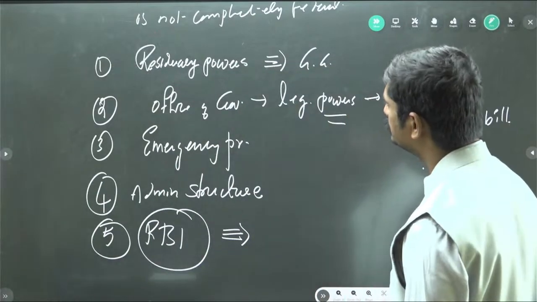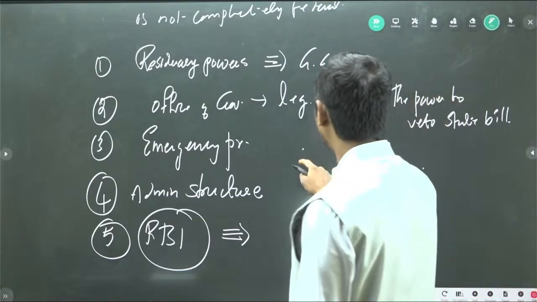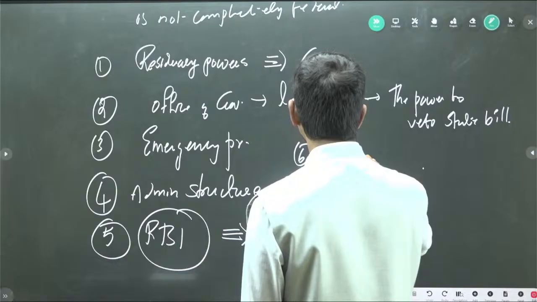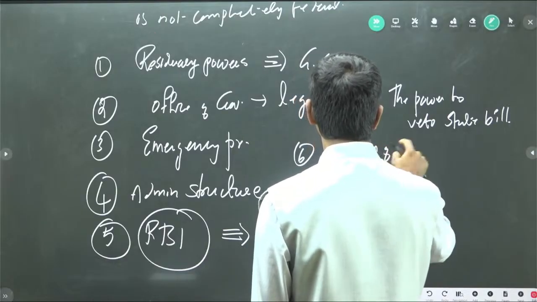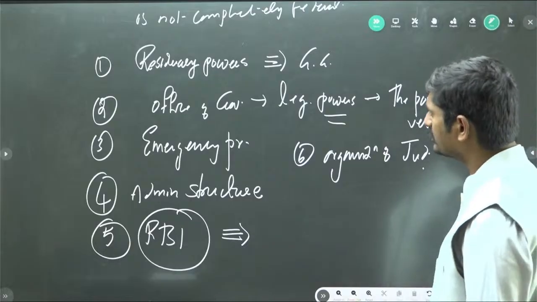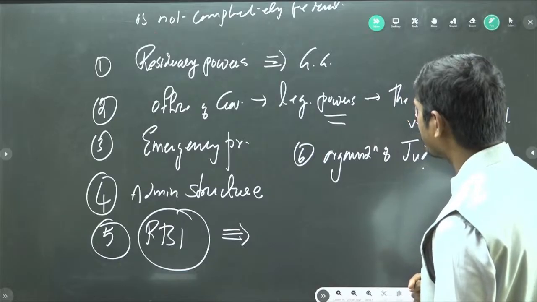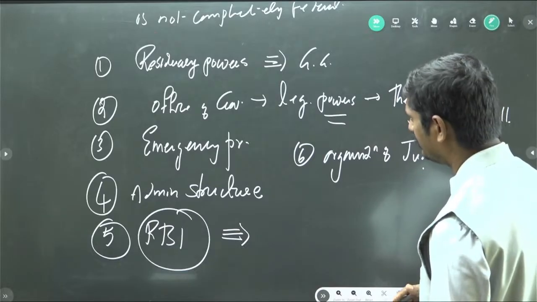Then organization of judiciary, that is nothing but integrated judiciary, this is also a unitary feature, okay, right.